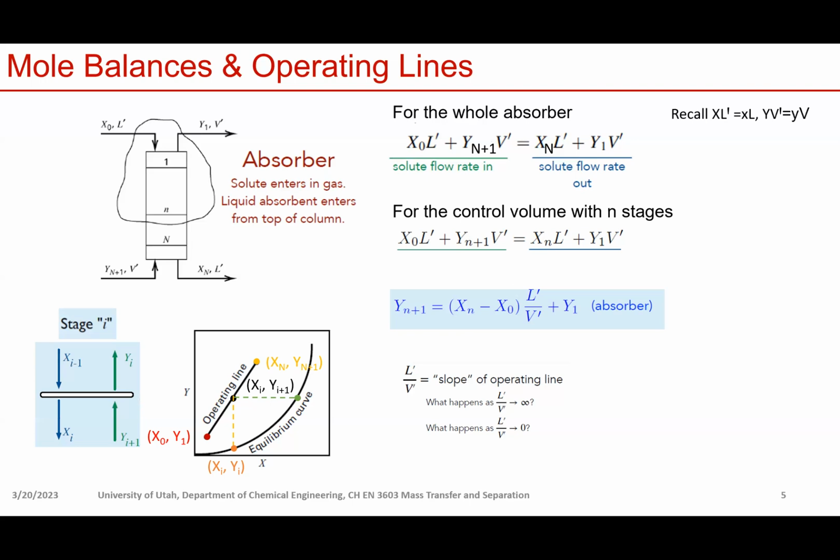That means this point will have the same y coordinate as this point, which is yi+1, right? And we know here yi+1 is the composition of the gas phase entering stage i, right? Because we know this point corresponds to an equilibrium, that means the x of this point, xi+1, corresponds to the composition of the liquid stream leaving the tray below it, right?